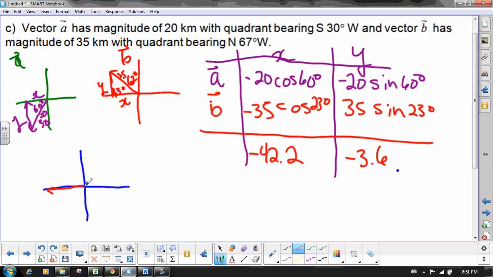The y component is negative 3.6. Okay, so that's going to sort of help us determine where we're located. So if I add the y component right here, our resultant is going to be down here, and the angle that we're going to end up finding is right here. So this is negative 3.6. This is negative 42.2. The resultant, we'll use the Pythagorean theorem.